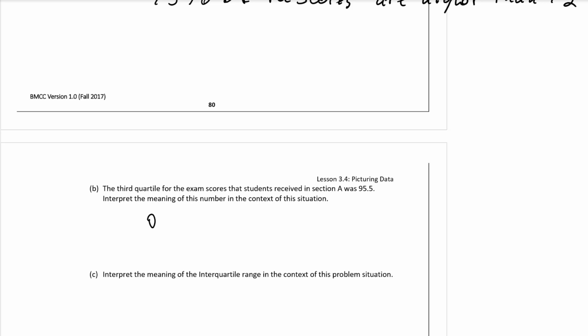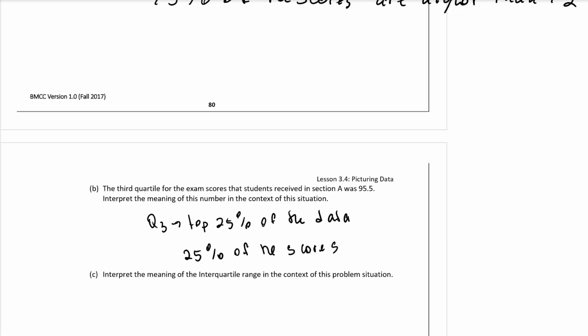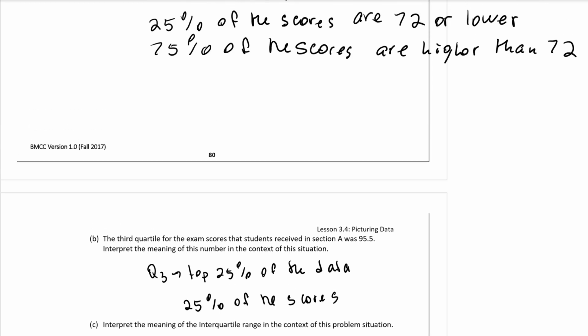All right, so the Q3 is the top 25% of the students, or top 25% of the scores. So that means that 25% of the scores, how did you write it over here?